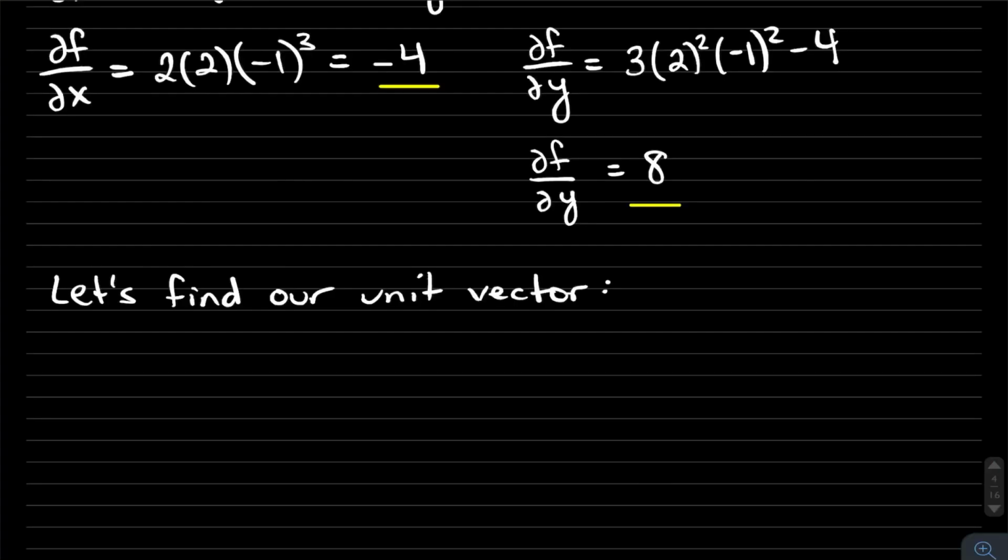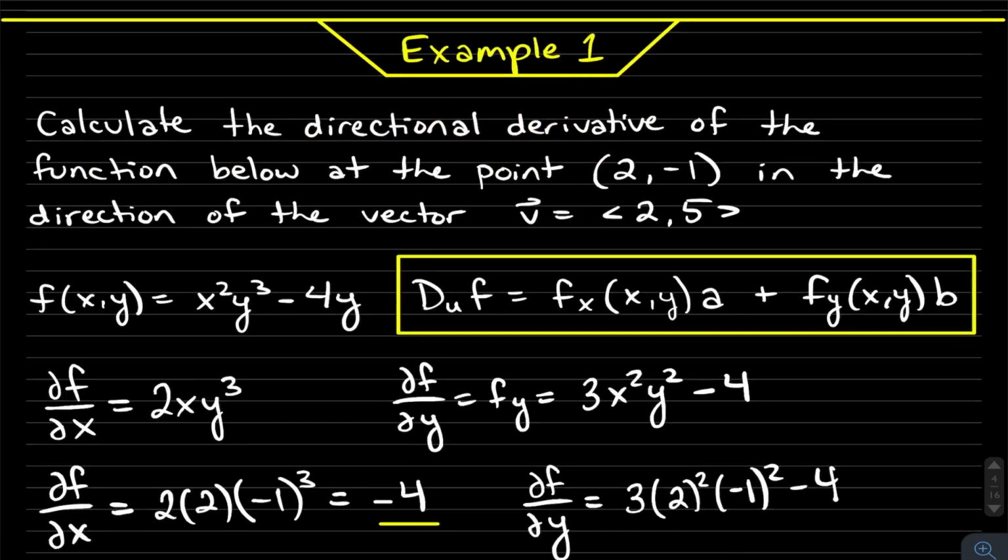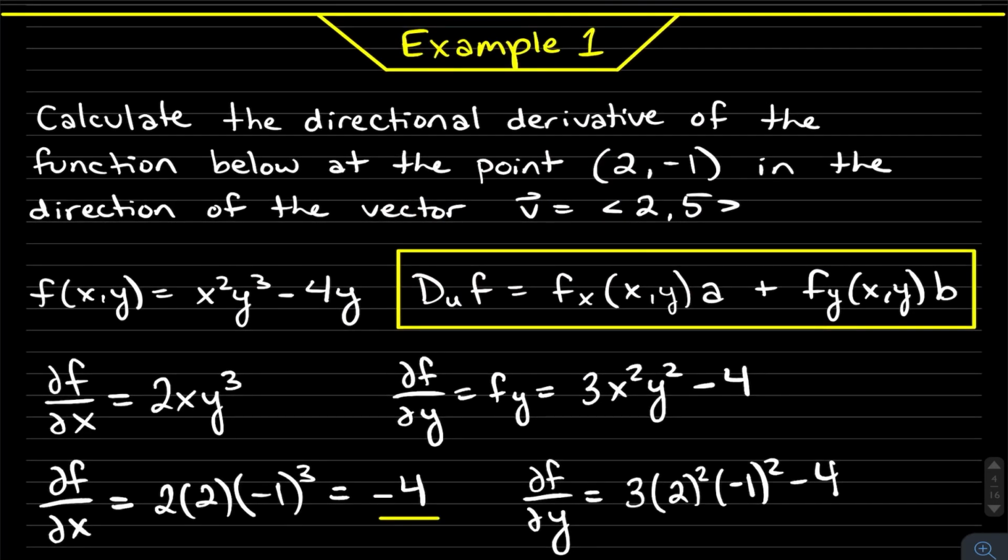And if the magnitude happens to be 5, cool, we divide the vector by 5. And what that means is that now it has a magnitude of 1. And that's perfect. That's exactly what we want. So we need to take the magnitude of our vector, which was <2, 5>.